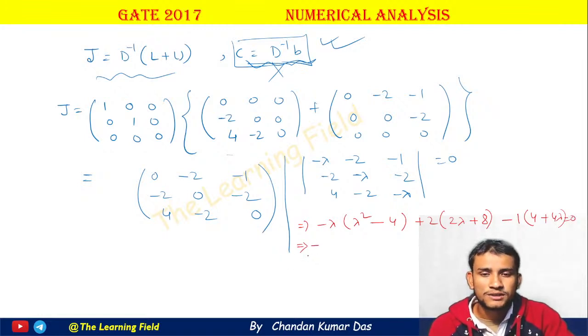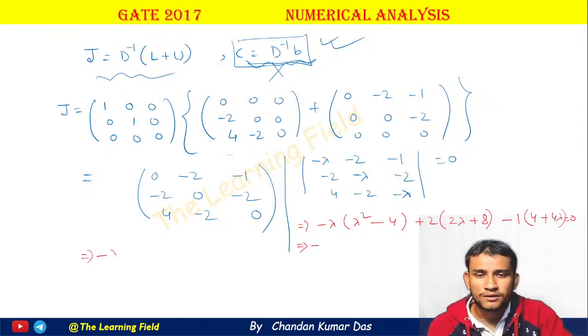So this implies, just write here, minus lambda cube plus 4 lambda plus 4 lambda plus 16 plus 16 minus 4 minus 4 lambda, this is equal to 0.